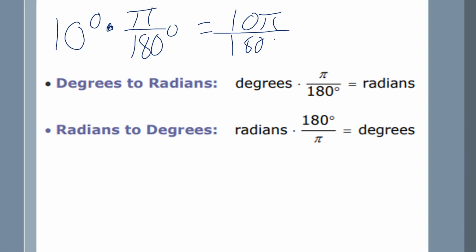So this simplifies to just 1 pi over 18. And that's all you have to do. Just like that. Let me rewrite this pi for you. That's all you have to do. Simplify it. For this, you have to know how to simplify.